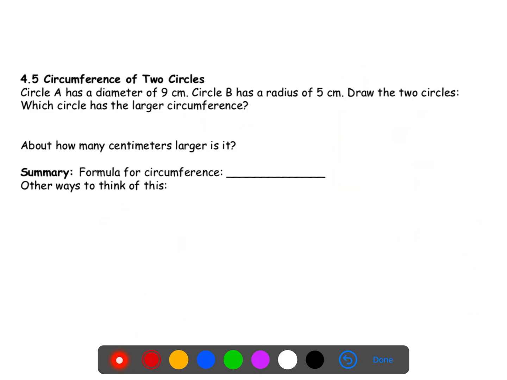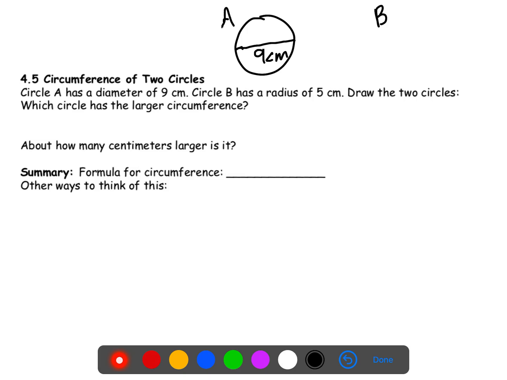All right, let's look at the last activity here on the page. It says circle A has a diameter of 9 centimeters. Circle B has a radius of 5 centimeters. Draw the two circles. Which circle has the larger circumference? All right, so the first one has a diameter of 9 centimeters, and that was circle A. Circle B has a radius of 5 centimeters.